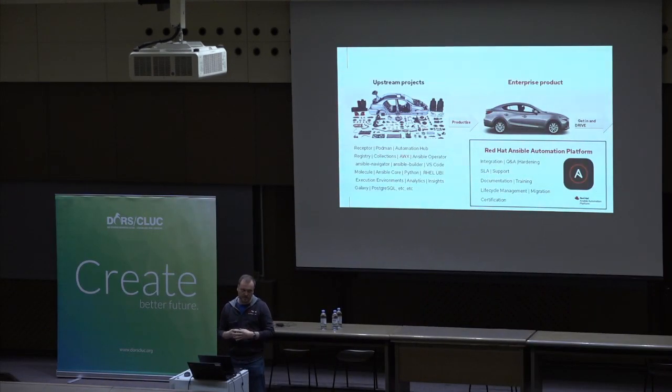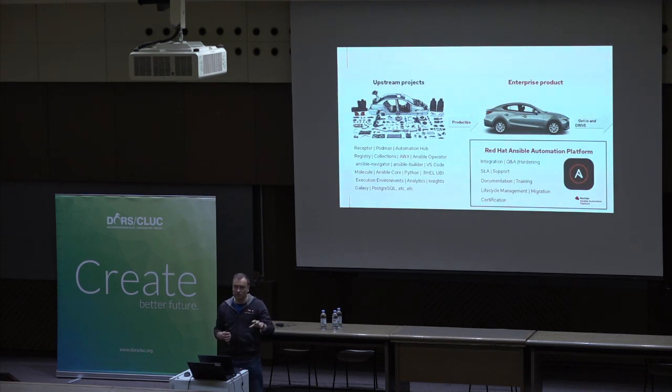We can have an SLA, service level agreement, which means that we can have, for example, 24 hours a day support. It's fully documented. Red Hat offers training around it, and certification. Lifecycle management, which means that we have a clearly defined roadmap, and also ways to migrate between particular Ansible Automation Platform versions.